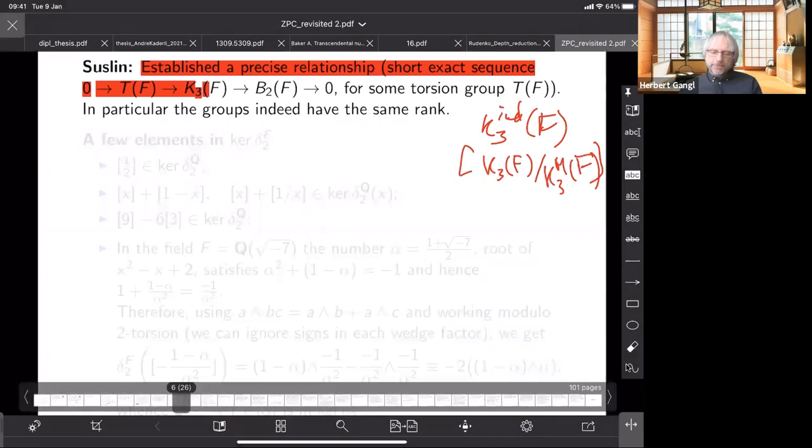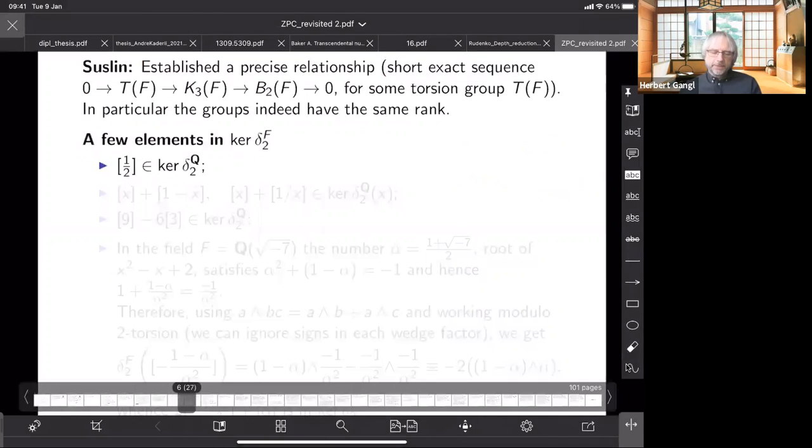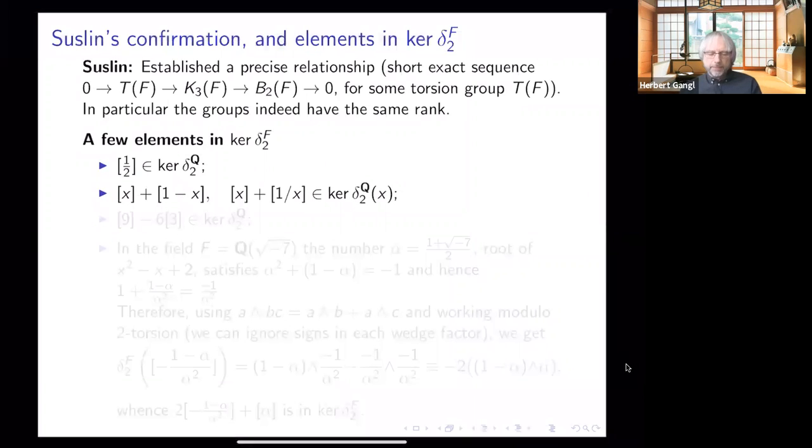Okay. So let's try a few elements in that kernel. First of all, I claim if we take F equals Q, then the element 1/2 lies in that kernel, just because a wedge a is put to 0. Similarly, if we take any x in Q, and we take x plus 1 minus x, that lies in the kernel.